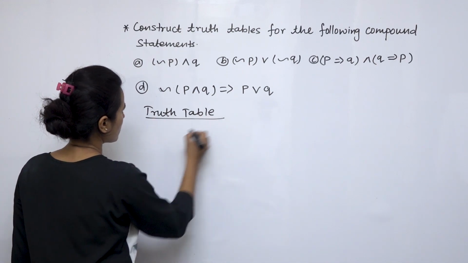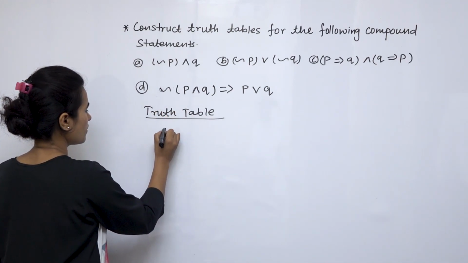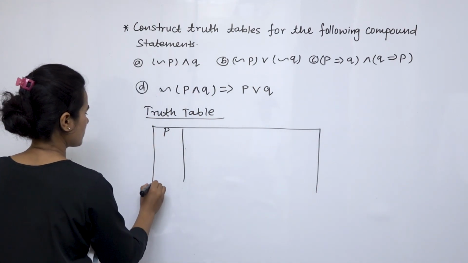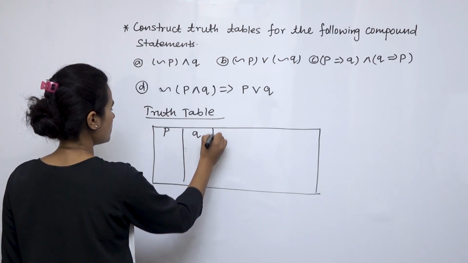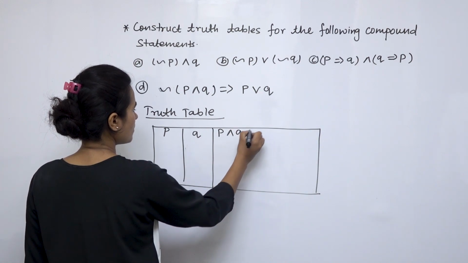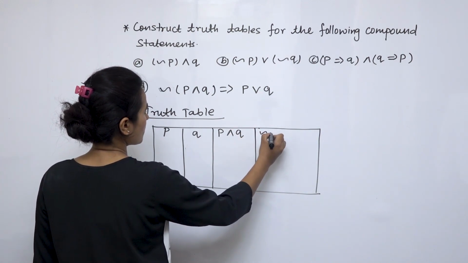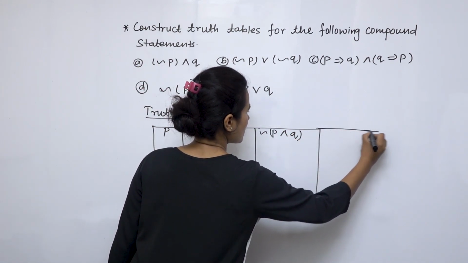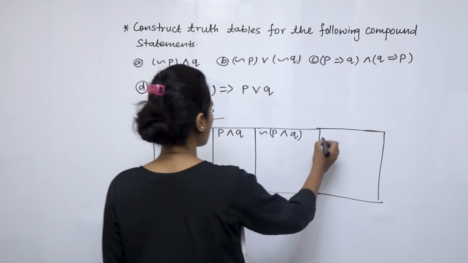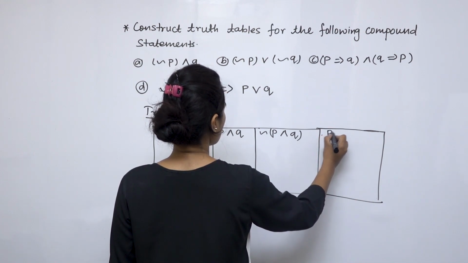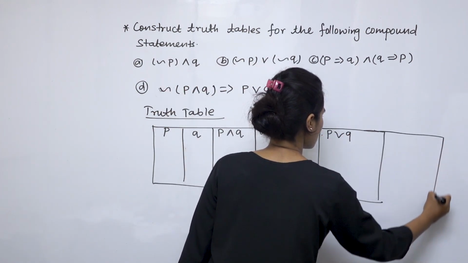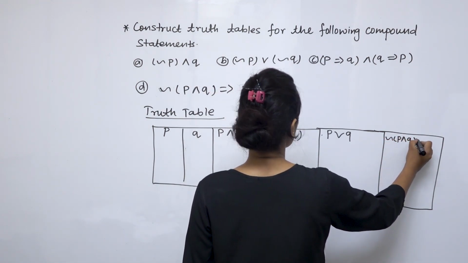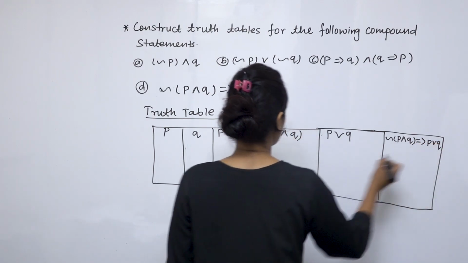So negation P and Q. First of all, we need P, Q, P and Q, and then negation of P and Q, and then P or Q, and the last one is negation of P and Q then P or Q.